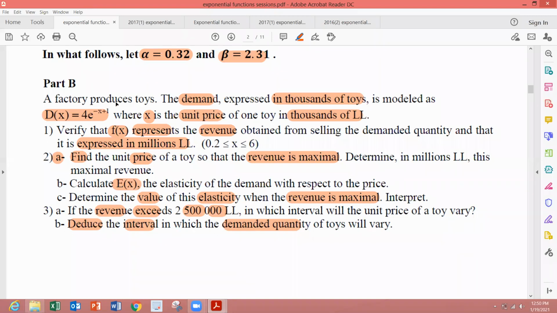I put alpha, and the second time we replace x by beta.